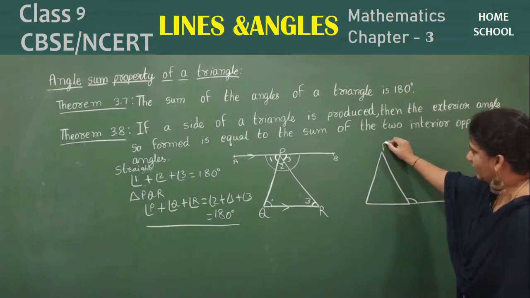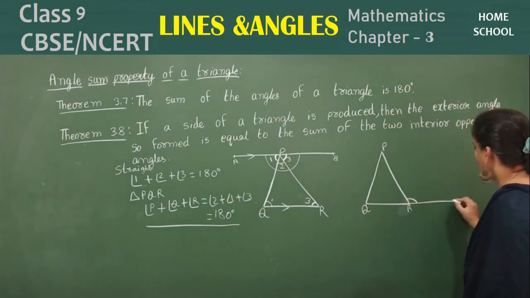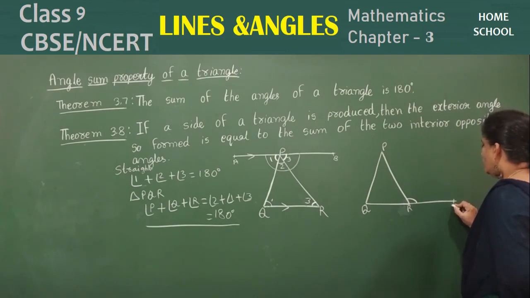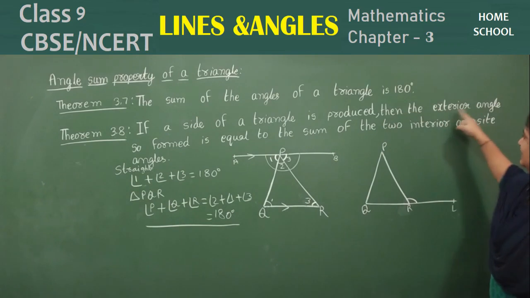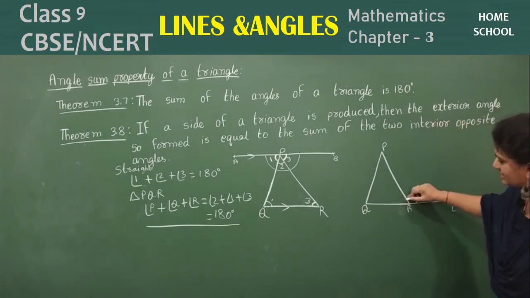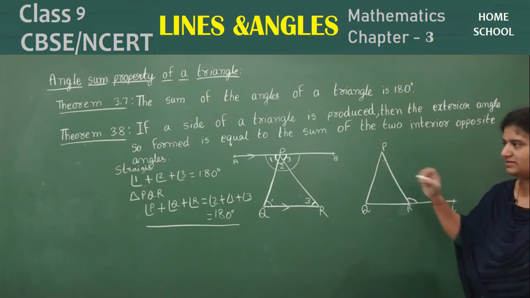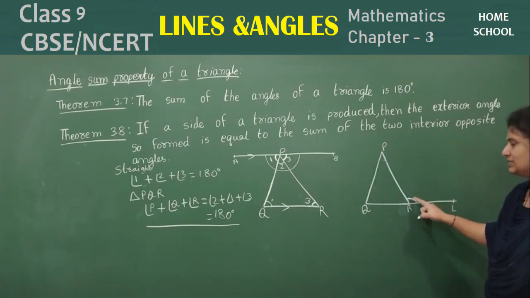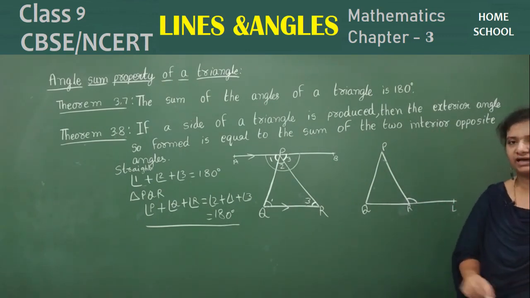Let the triangle be P, Q, R and it is produced to L. Produce, then the exterior angle. This is the exterior angle, no? Outside angle. These three are interior angles. The exterior angle so formed is equal to the sum of the two interior opposite angles.